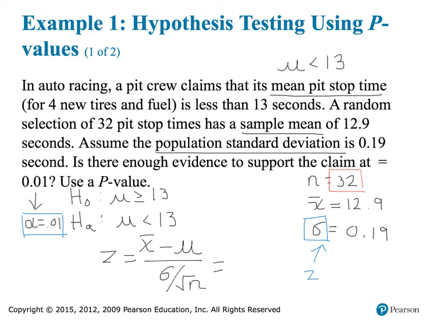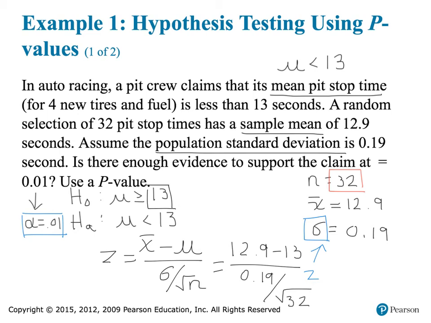So in our case, our sample average was 12.9. Our population average that they claimed is right here in the null hypothesis, 13, and it always is in the null hypothesis. And we're going to divide by the standard error, which is our sigma, 0.19, divide by the square root of our sample size, 32.